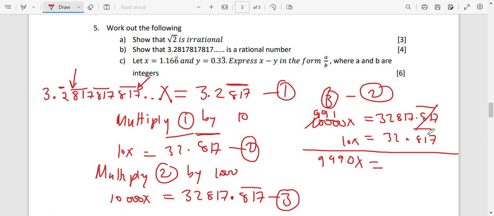That will be equal to, the decimals cancel. So 7 minus 2, that is going to be a 5. And then I remove a 1 from here, it remains a 7. I put on 1, it becomes 11. 11 minus 3, that is a 9. And then write 7, 2, 3. Meaning that x is going to be 32795 divided by 9990.